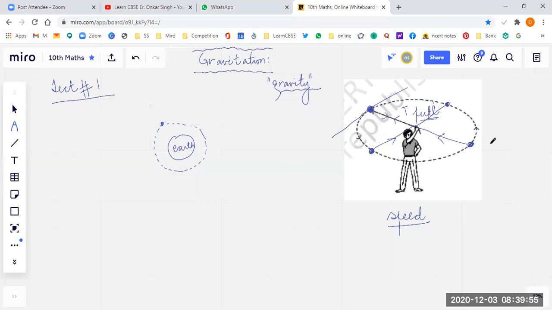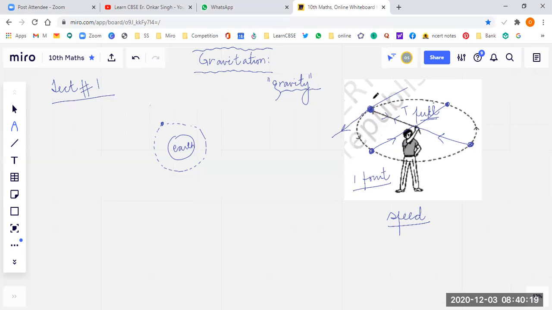So this is tangent to a circle. A tangent is a line which touches the circle only at one point. So if this boy leaves the stone, it will fly off tangent to the circle, tangent at this point.